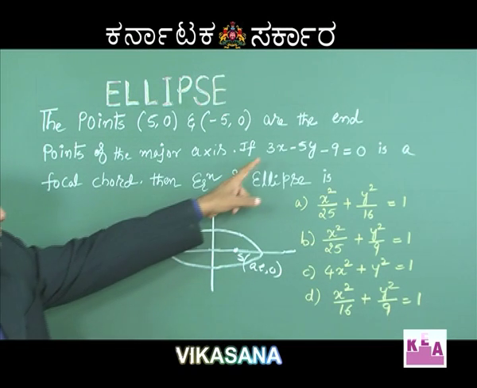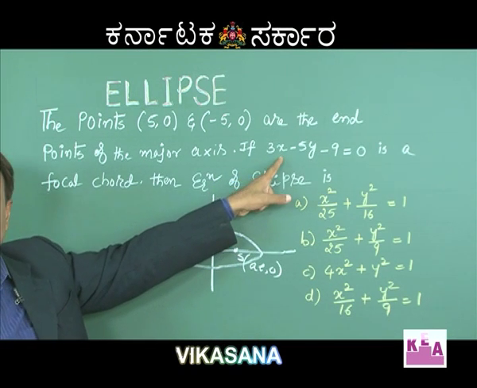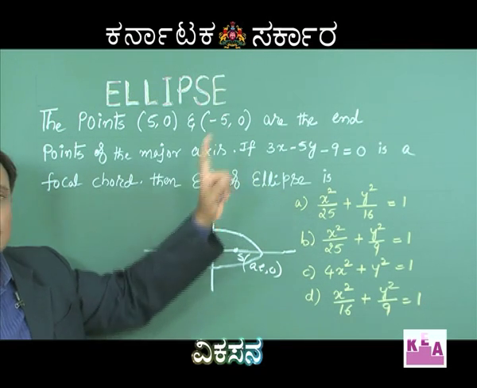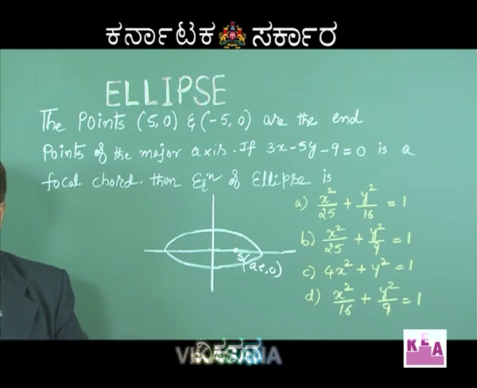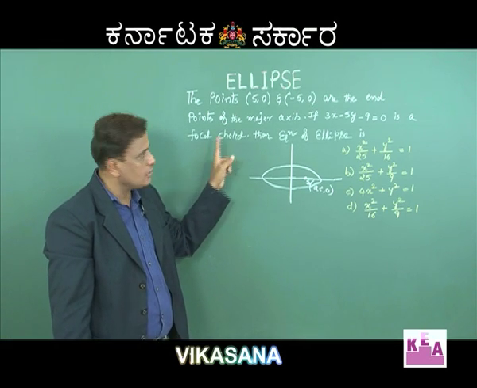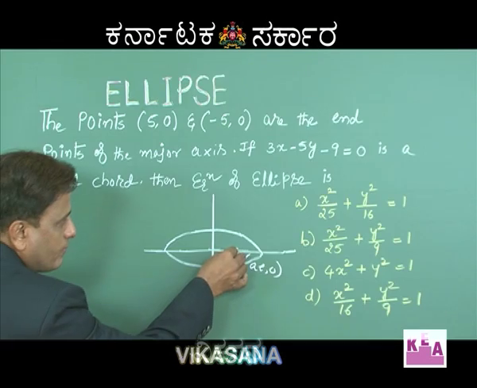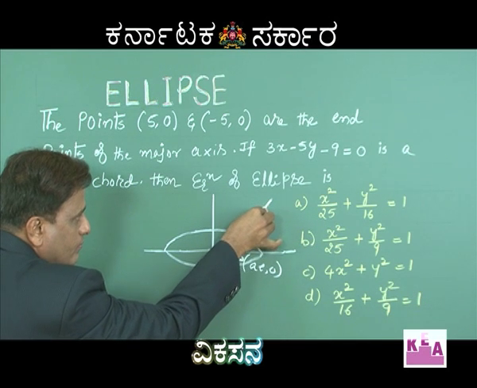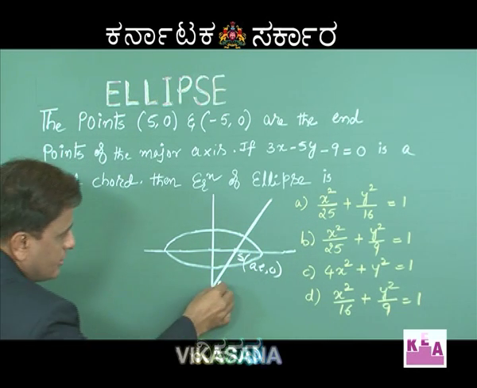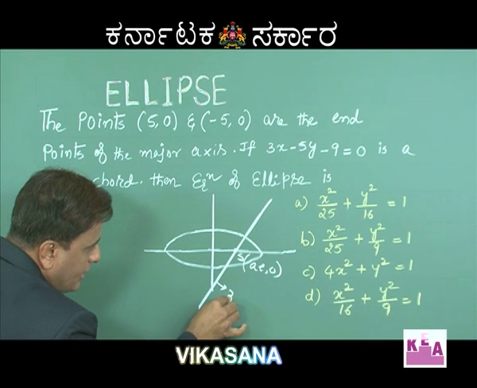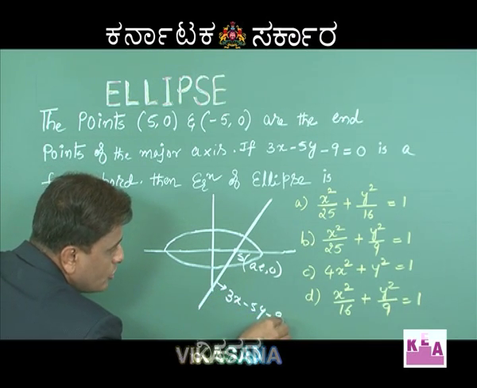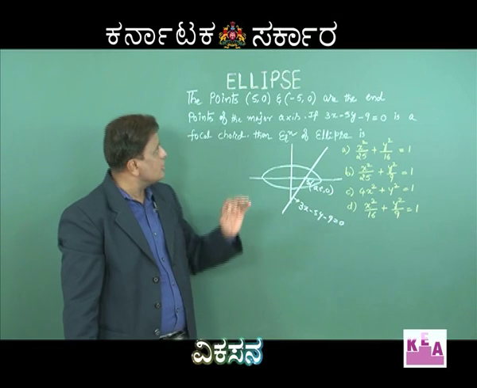Now observe the main, highlighted point of the question: 3x - 5y - 9 = 0 represents a straight line. But it is given that it is a focal chord. That means the line is passing through the focus. This is called a focal chord. Once again, try to understand.